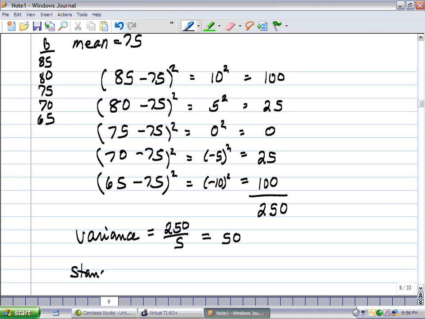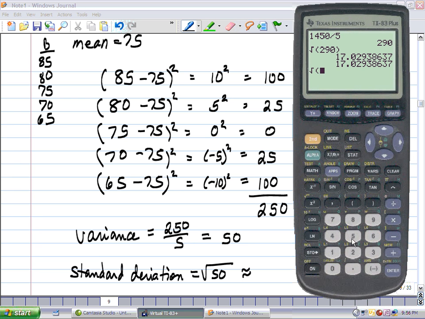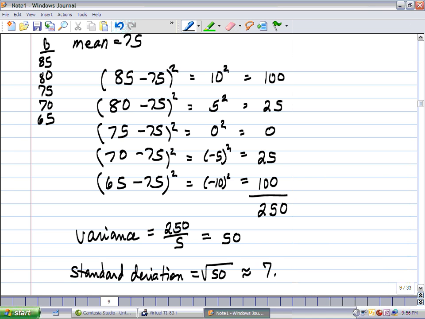So the standard deviation is the square root of 50, which is 7.07. Again, it would depend on where I was rounding. Maybe I was rounding to the tenths place, and that would be 7.1 units. Those are the 3 measures of dispersion.